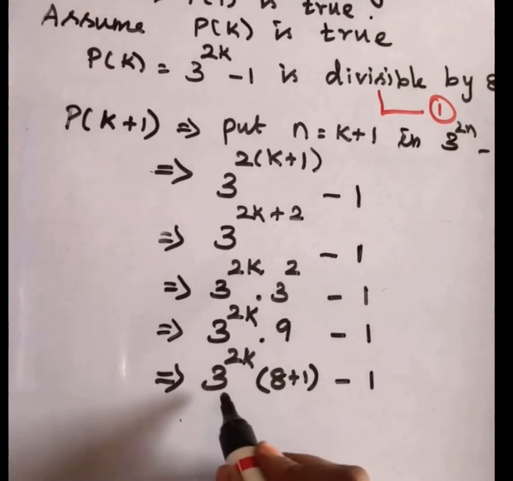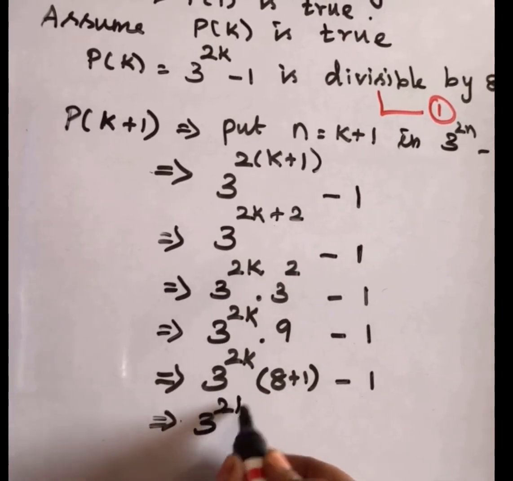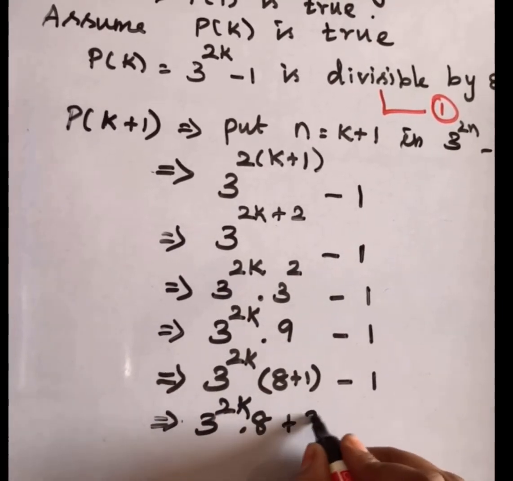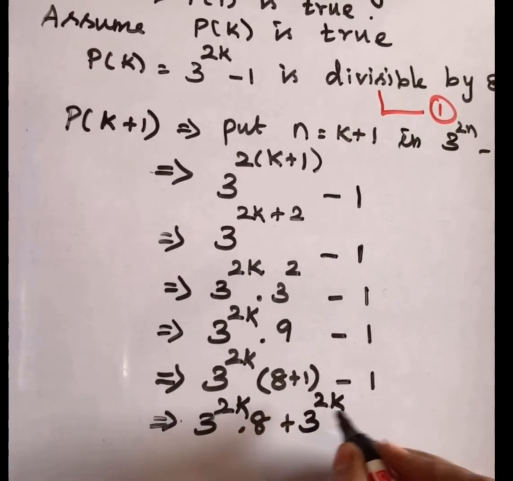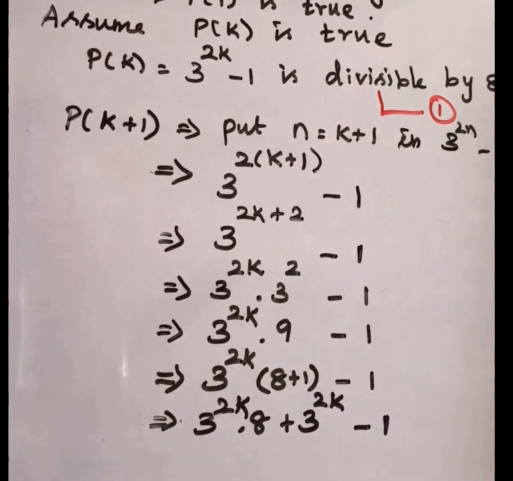Okay. Now we can multiply this inside. 3 power 2k into 8 plus 3 power 2k minus 1. Okay.